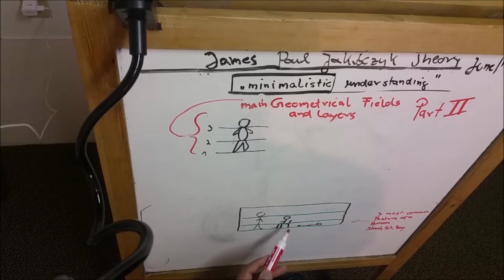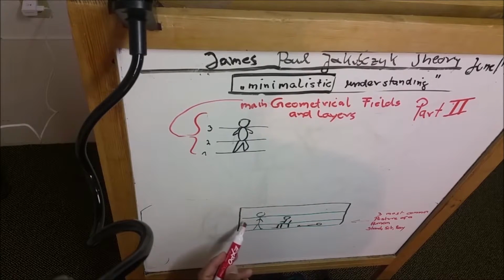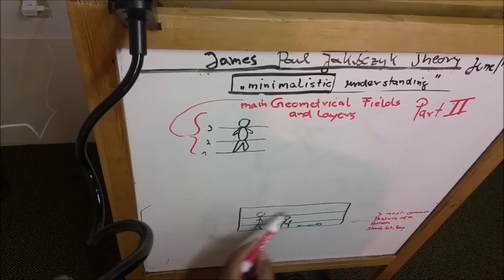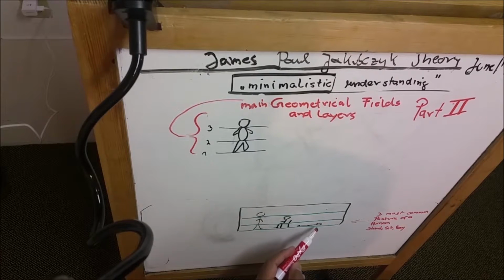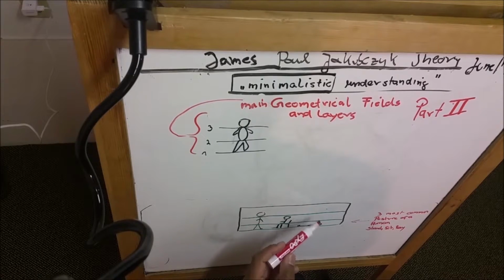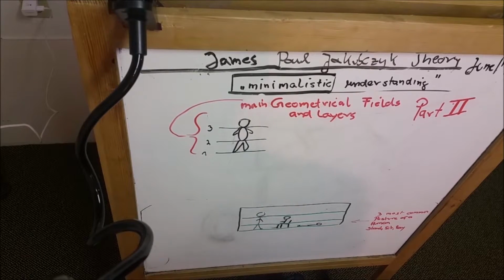When you sit, you only experience the upper body level and the ground level, and no more the head level. If you're laying down, sleeping, in rest mode, you only experience the ground level, the ground field layer. You don't experience the upper body and you don't experience the head level, right?